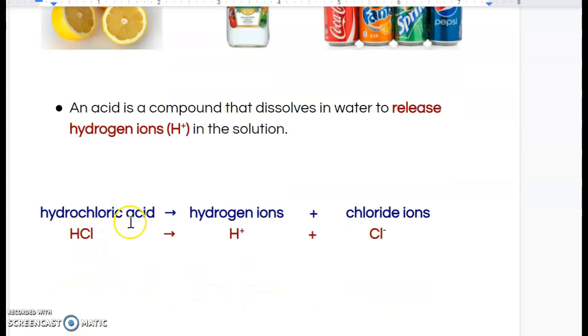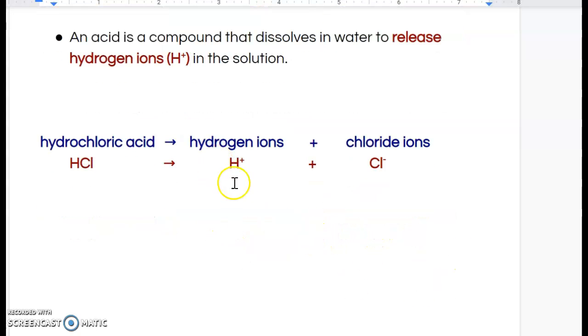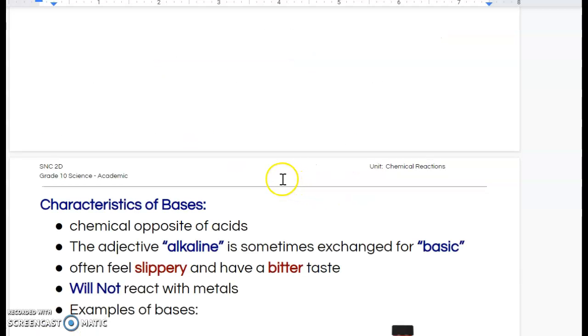Hydrochloric acid is HCl, and lots of hydrogen ions dissociate from the chlorine ions. You remember how when we put salt in the water, it dissociates into sodium and chloride. Well, this is what acid does in water. When it's aqueous, it dissolves into hydrogen and chlorine ions, and these ions get separated by the water molecules.